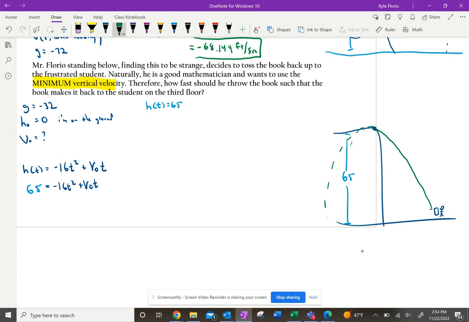In order for that to happen, at this moment, I'm just going to call it t. For this to be the max height, the vertical velocity at this moment needs to be 0.